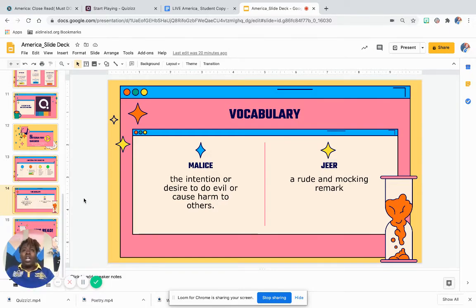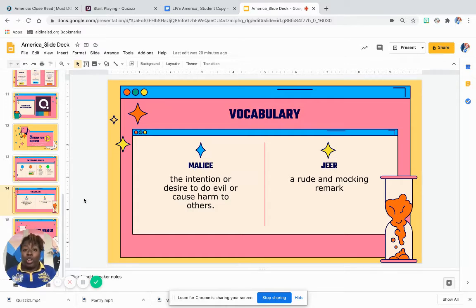Okay? Jeer. Jeer is a root of mocking remark. You may be considered a jeer when you say something that's petty. When we say petty things, sometimes they come off as rude or seem like we're mocking what somebody else said, and we do so in being petty.